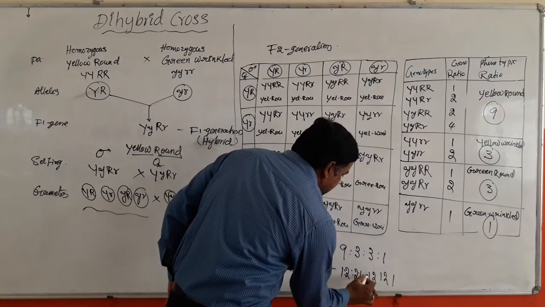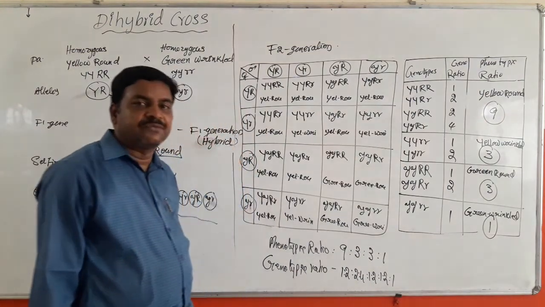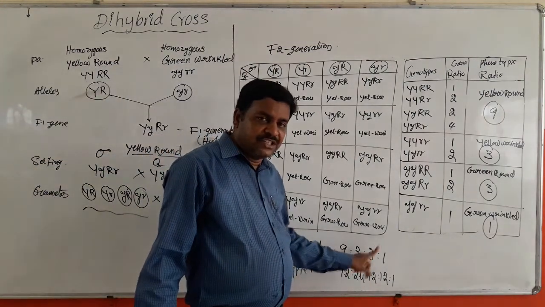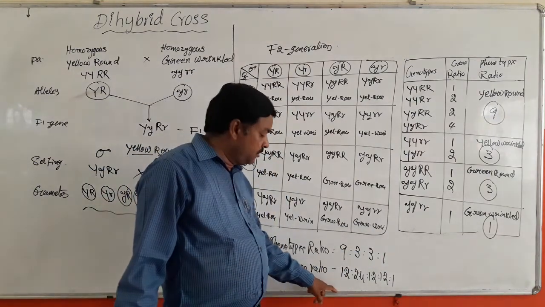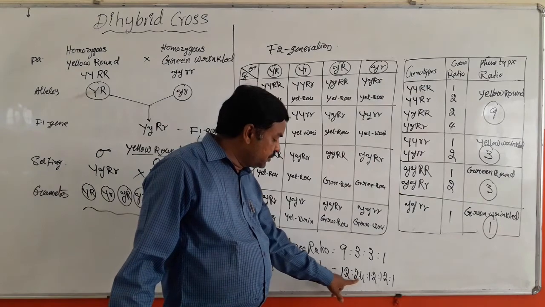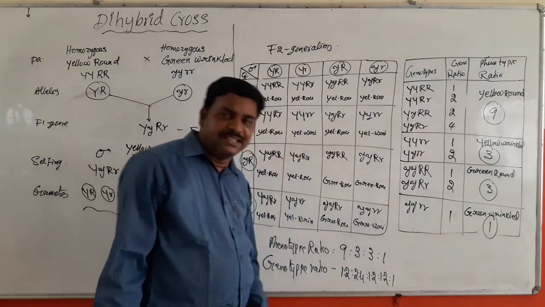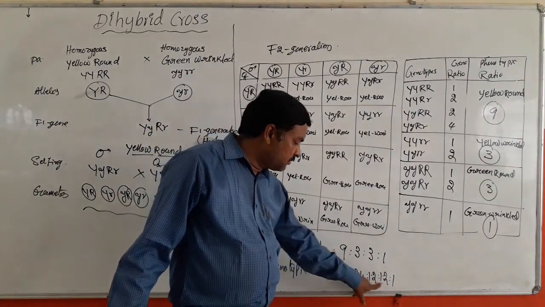This is the genotypic ratio of F2 progeny. So the phenotypic ratio is 9:3:3:1 and the genotypic ratio is 1:2:2:4:1:2:1:2:1.